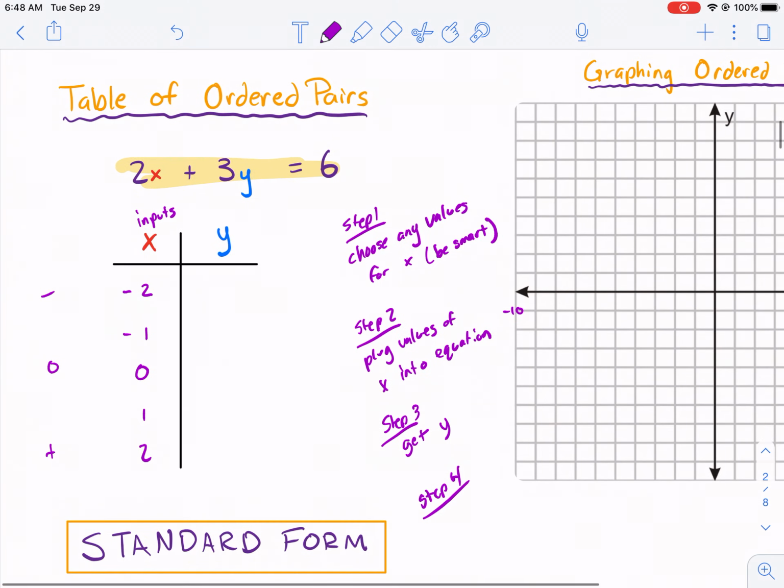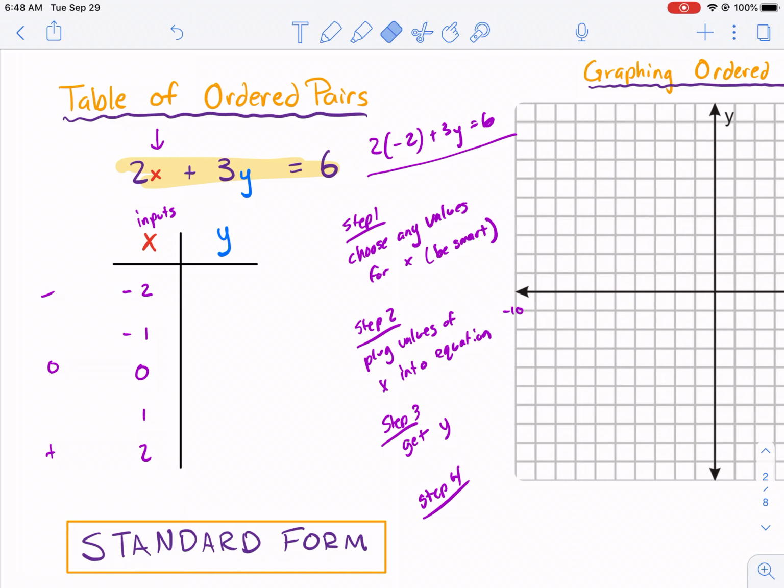So we're going to start with the first one: 2 times -2 plus 3y equals 6. Once you get comfortable doing this, you don't necessarily need to write it out each time. You can do it in your head by plugging it in, but you have to be good at substitution before you can branch off and do that. So now we have -4 plus 3y equals 6.